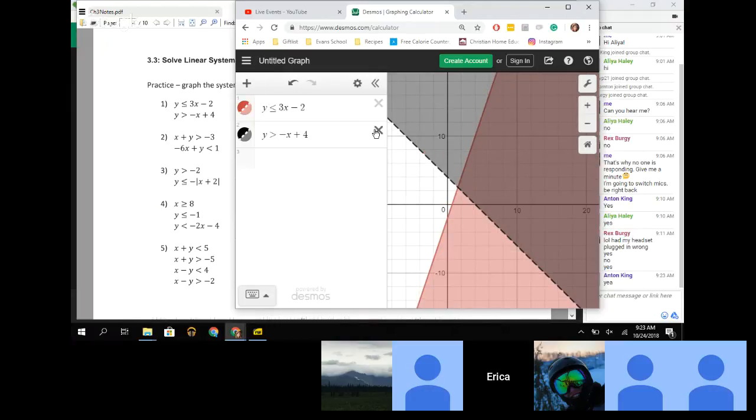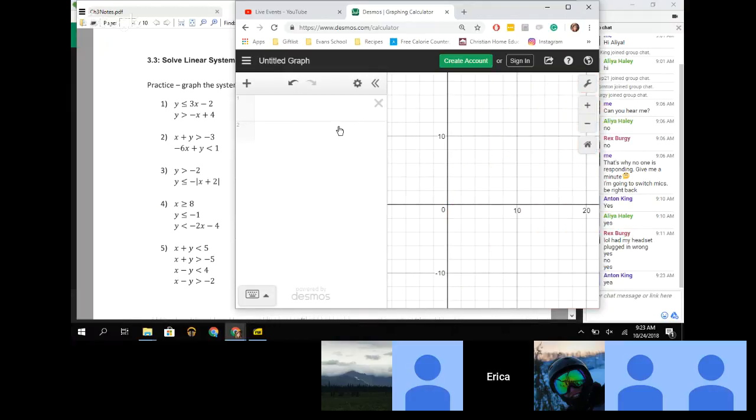Okay, so I want you to graph those two. Pull them up. I'm not going to put it up on my screen right away. I am going to ask you a couple questions, and I want you to put in the chat if you think that these different points are true for both these equations or not true. So first of all, just go ahead and graph it, and then I'll tell you what to do. So let me know when you have it graphed.